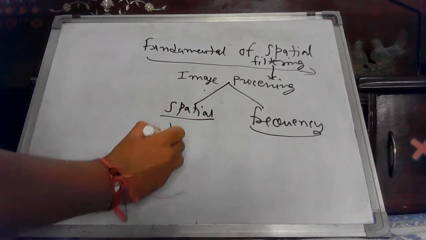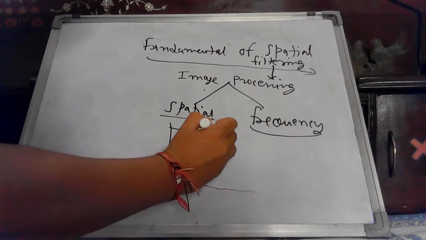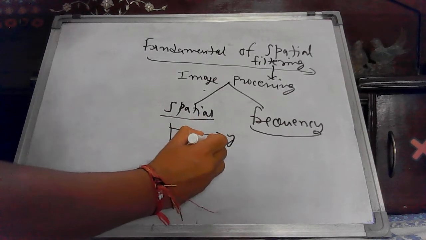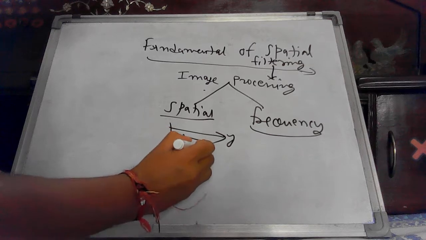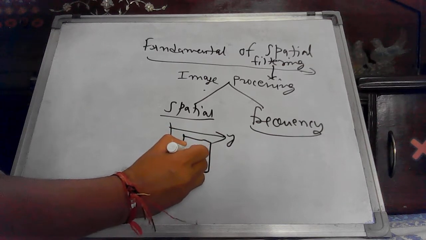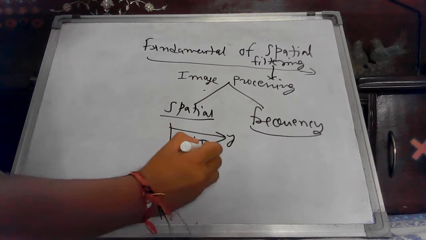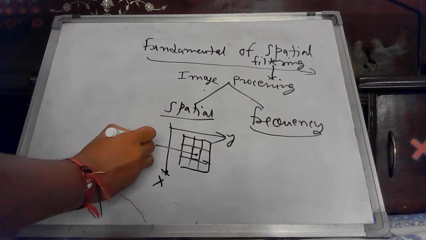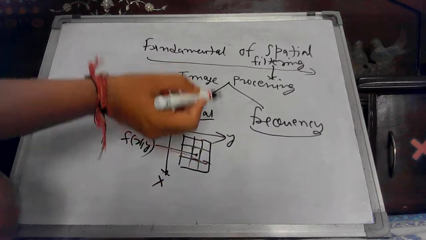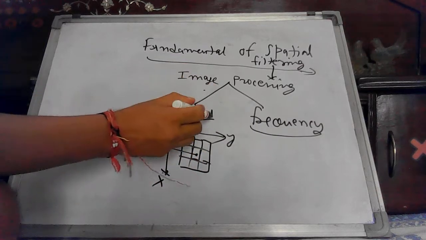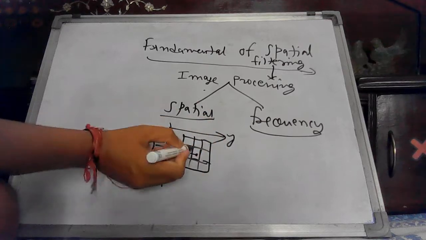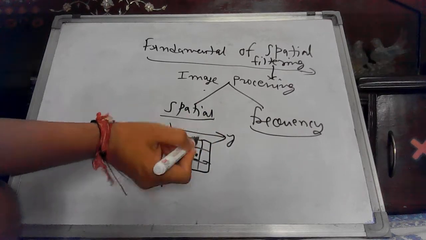If I say I am processing my image using spatial domain, the meaning is very simple: we are processing our digital image, which let's say is represented like this. Any image point, let's say f(x,y), you are processing this point. Whenever you say you are processing in spatial domain, it means you are processing a particular pixel in the image plane.